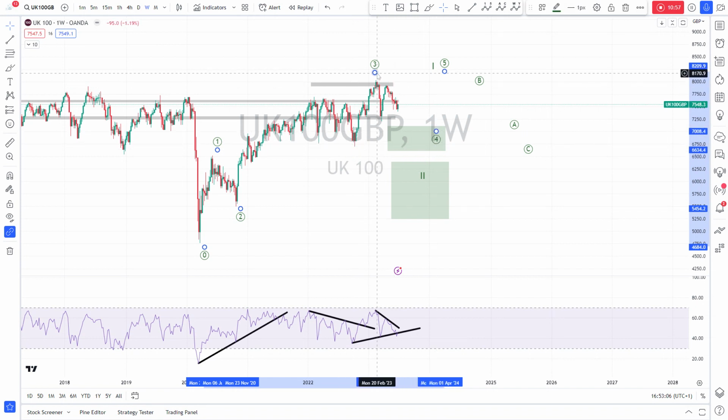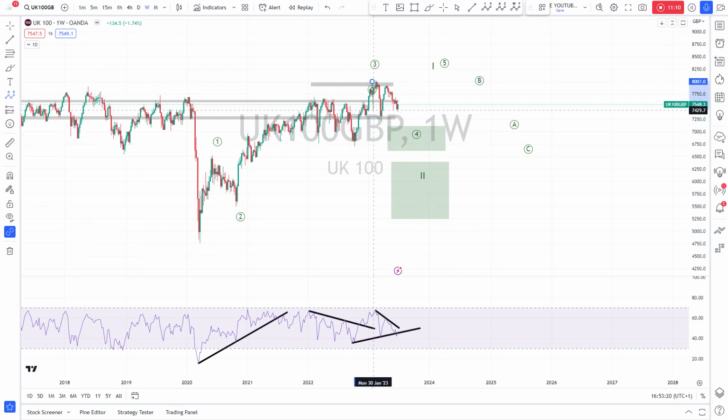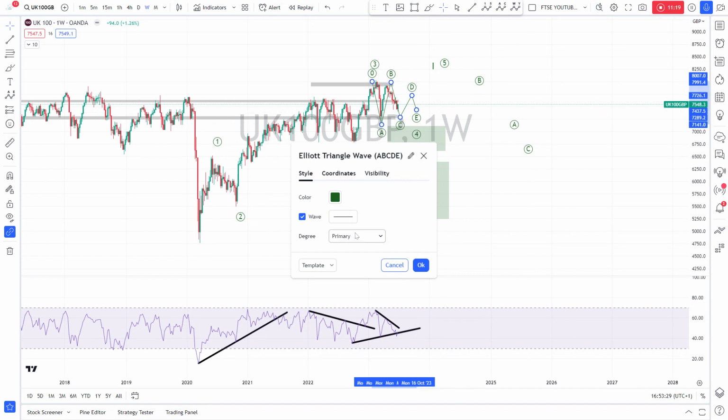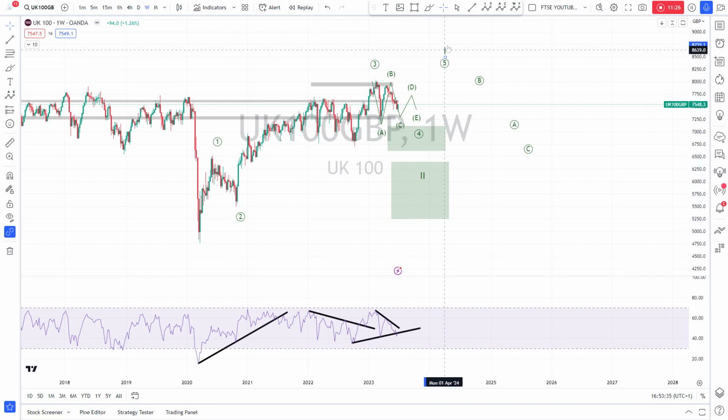So if this is only wave 3, what could happen here is that we do a triangle structure as a wave 4, as an ABCDE, like this, and that this is a lower degree, that this here was our wave 4, and then we will have from here a wave 5 to the upside.